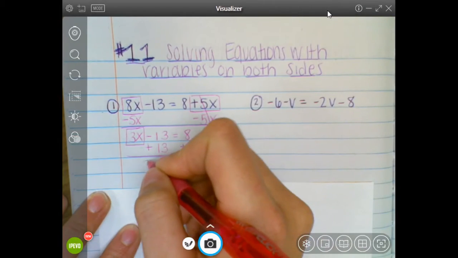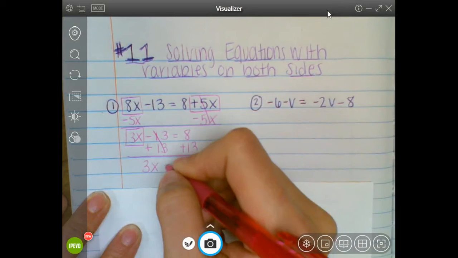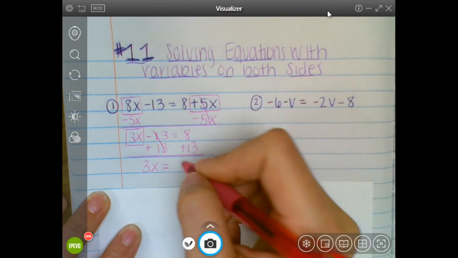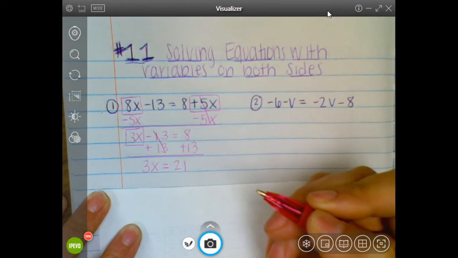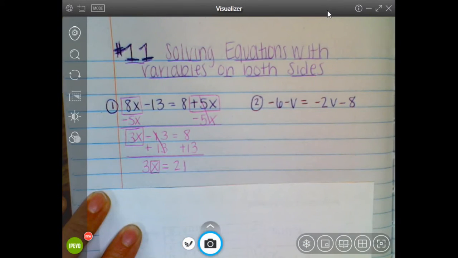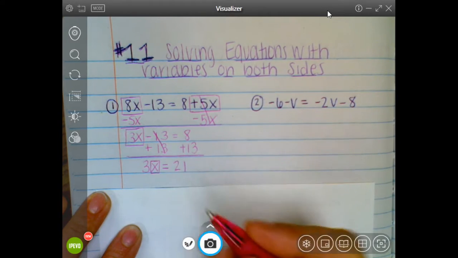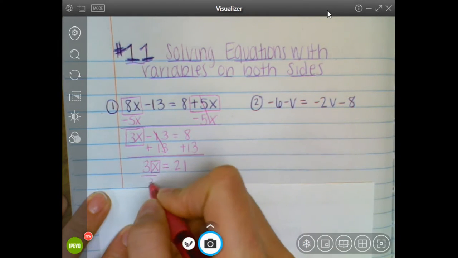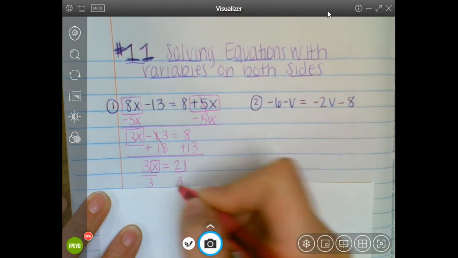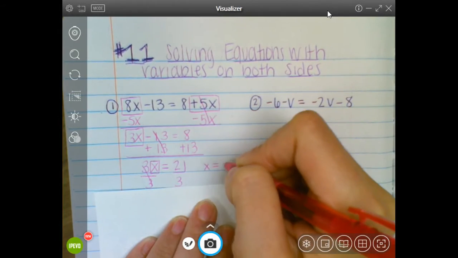So I have 3x, these cancel, and 8 plus 13 is 21. Boxing my variable again, now I just have to get the 3 away from it. Remember, when there are no operations, that means multiplication. So the opposite is to divide by 3 on both sides. These 3's cancel, and I get x equals 7.